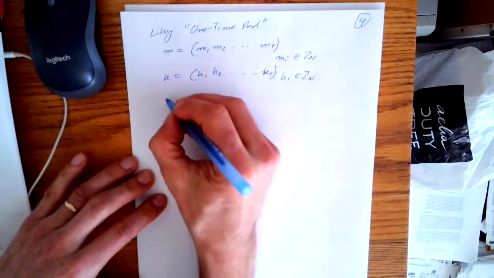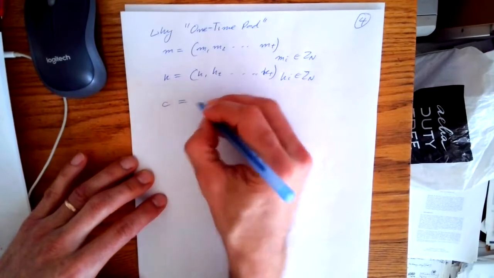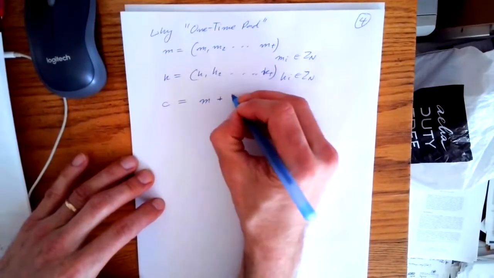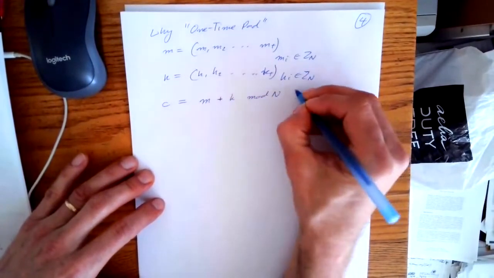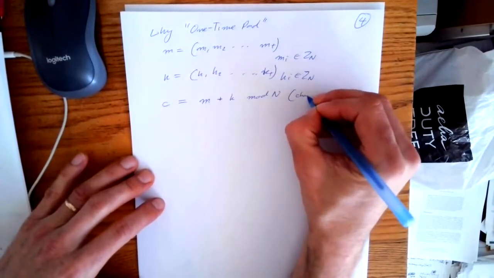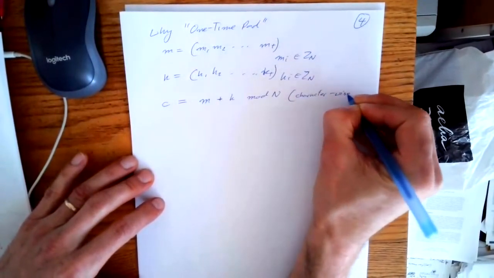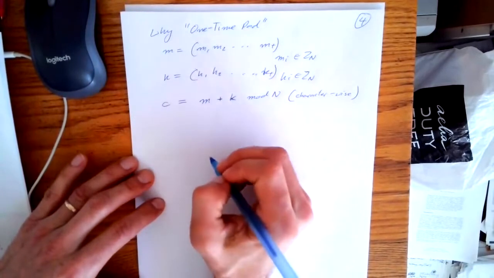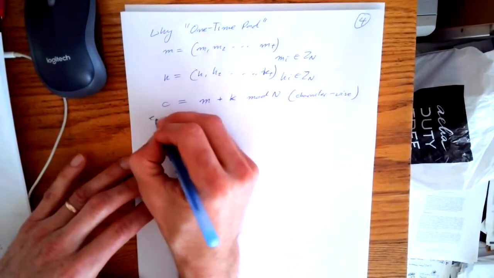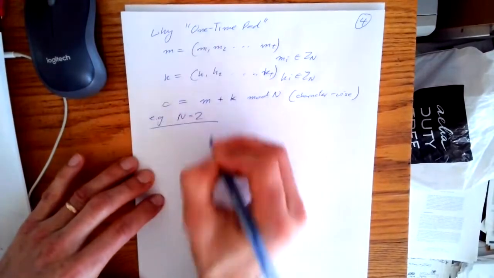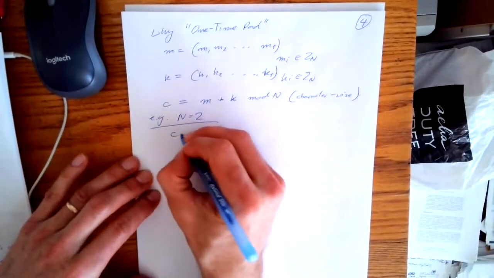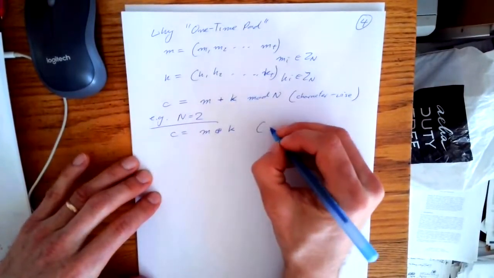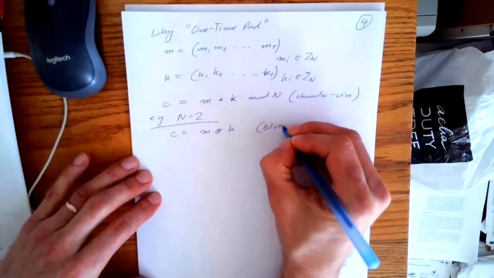And basically a cipher is M plus K mod n, but character-wise, right? So at every index, we apply the addition. Take binary, like on the previous slide, then I can write this encryption as a bitwise XOR.